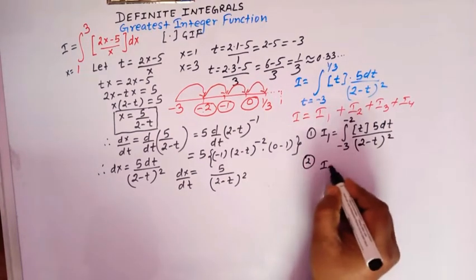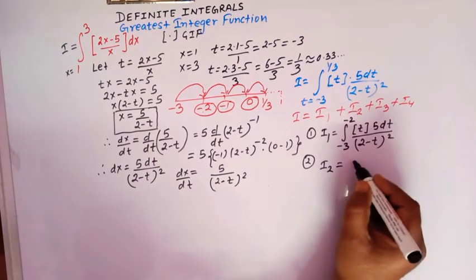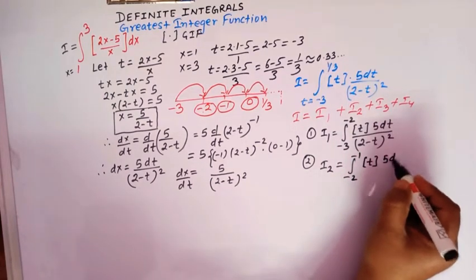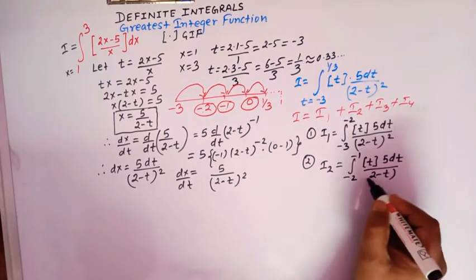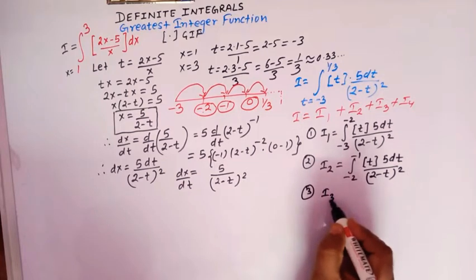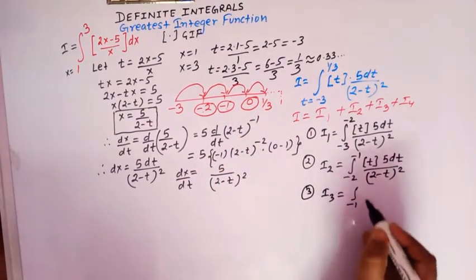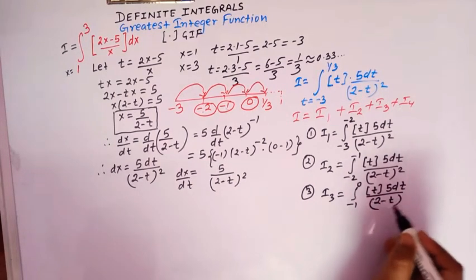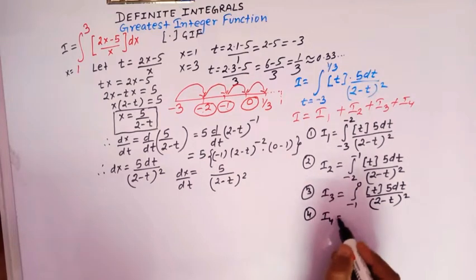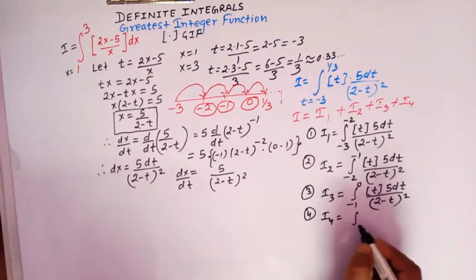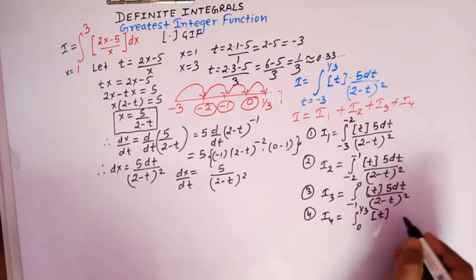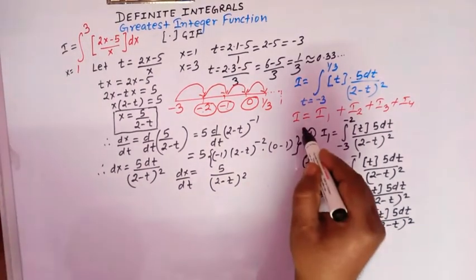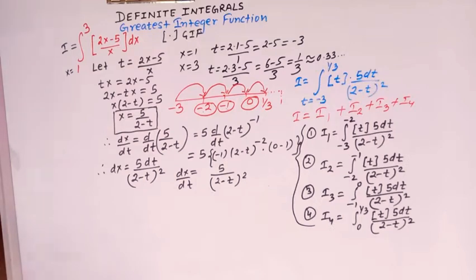And I2 is equal to the integral from minus 2 to minus 1 of the greatest integer of t times 5 dt over (2 minus t) whole squared, and I3 is from minus 1 to 0, and we have the greatest integer of t times 5 dt over (2 minus t) whole squared, and I4 is from 0 to 1 over 3, and we have the greatest integer of t times 5 dt over (2 minus t) whole squared. So now we have these four integrals.